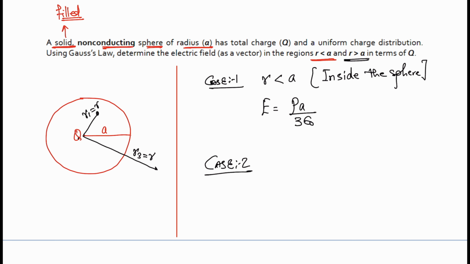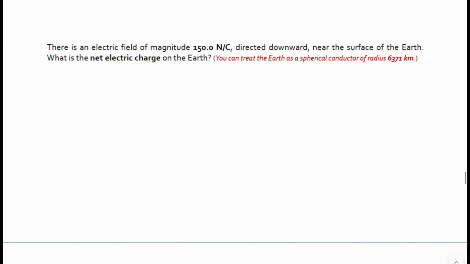In case of outside, we have E equal to k Q over r square. Clear guys? Fine. Like this, you can solve your question in a very easy way. Okay, next question.